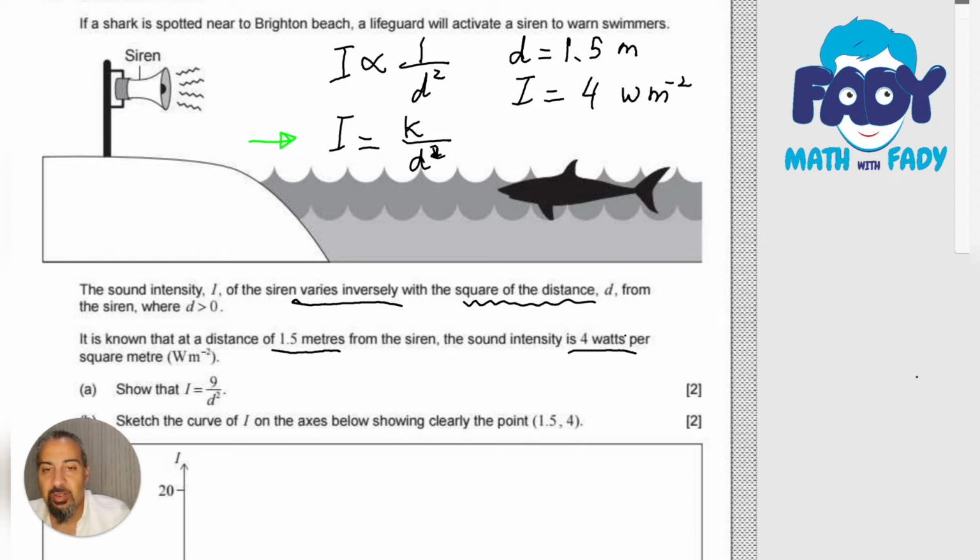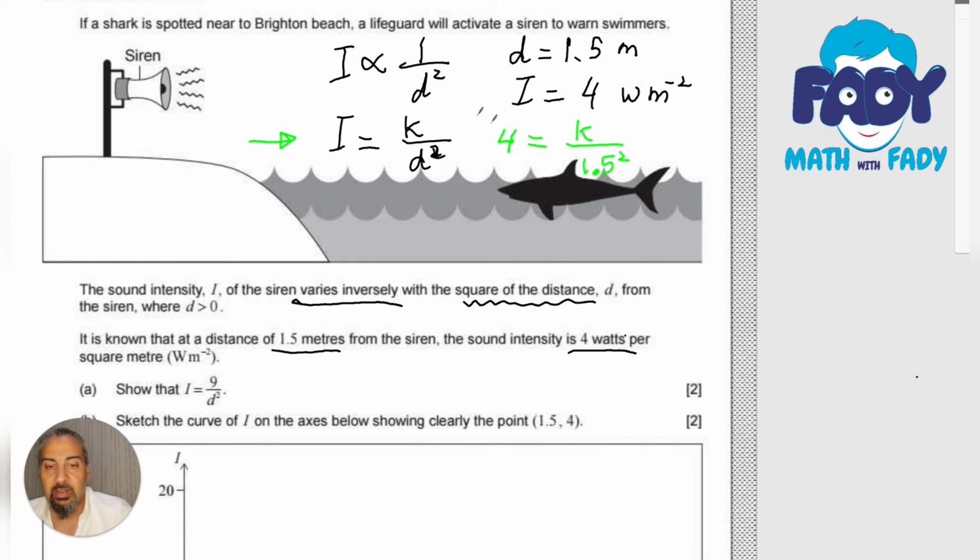So when we substitute, we get 4 equals k over 1.5 squared.